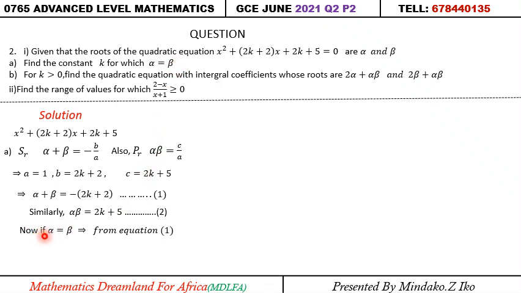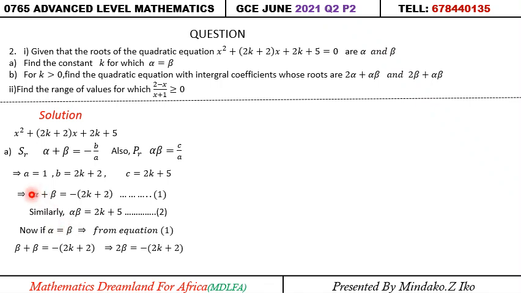Now if alpha is equal to beta, what will happen from equation 1? Our equation 1 says alpha plus beta is equal to negative of 2k plus 2. So if alpha is equal to beta, where I find alpha, I will substitute beta in that place of alpha.